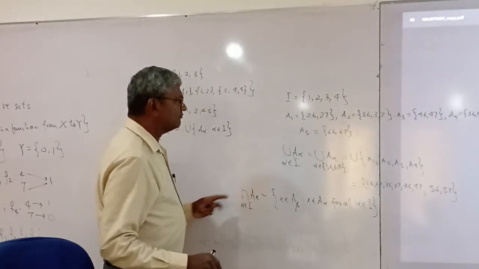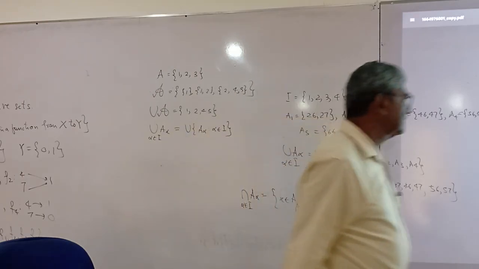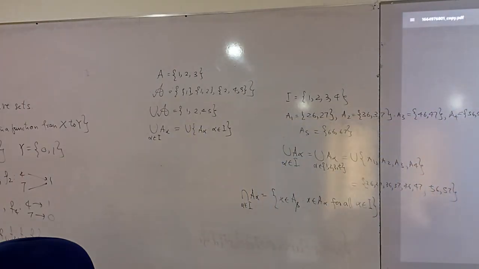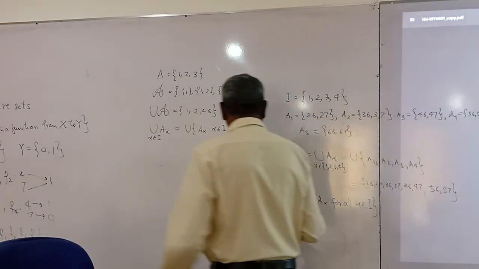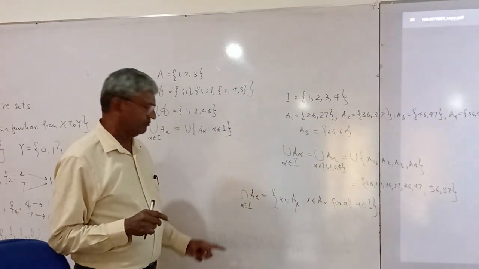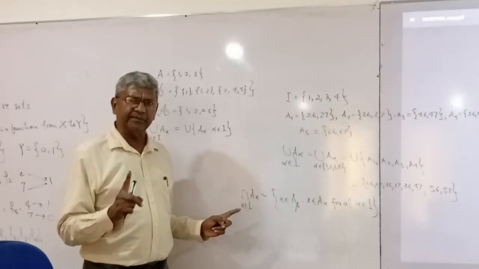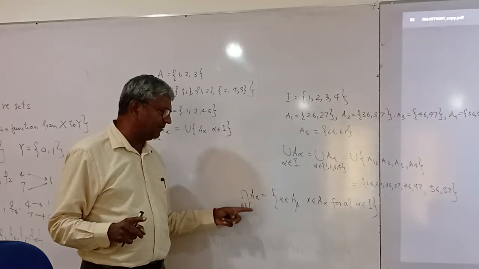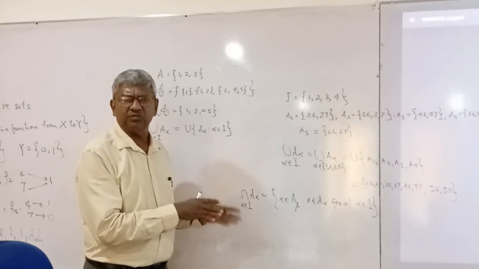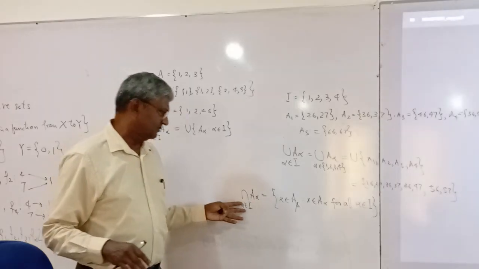So when you are taking the union of A alpha, alpha belongs to I, I can be an empty set, because if it is empty, the union is also empty. But when you are taking the intersection, I must be non-empty. This is the first book where I saw it this way.